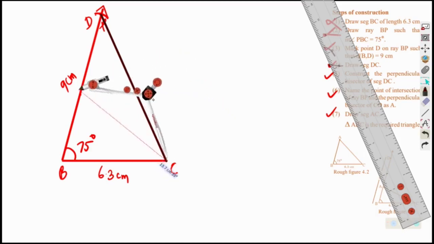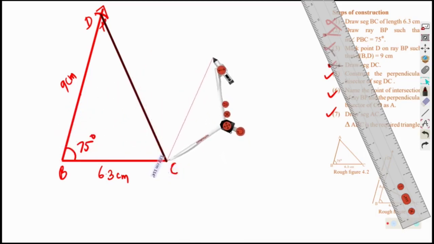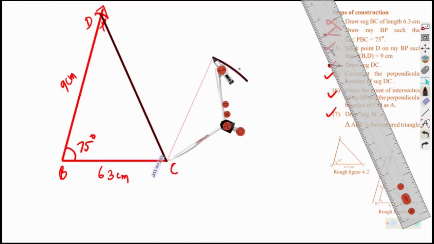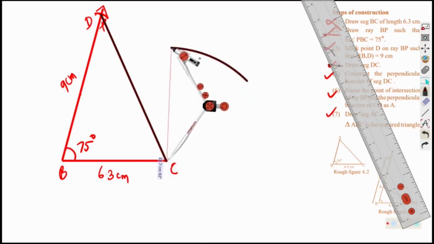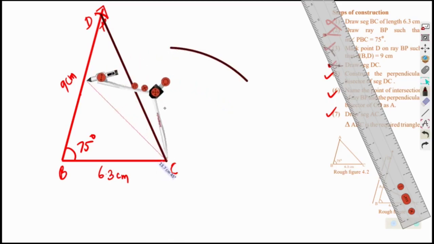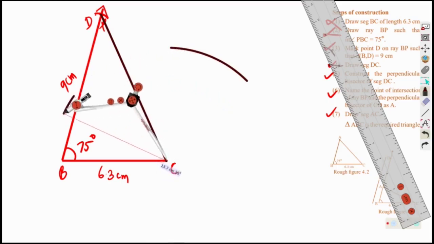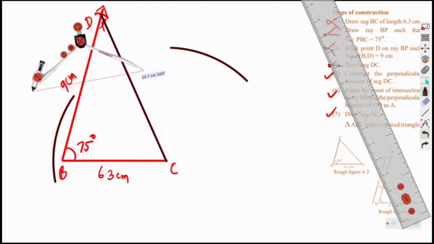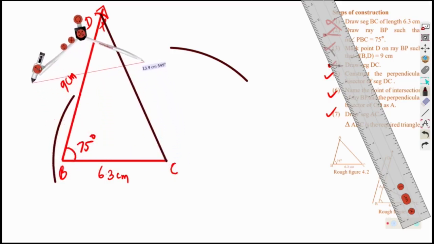Good. And then I will mark an arc over both sides. I think it is better to mark here, and then you will be marking on the other side. Okay, two arcs will be made from the two ends of the segment, so that we get the perpendicular bisector of the line segment which we have just drawn.